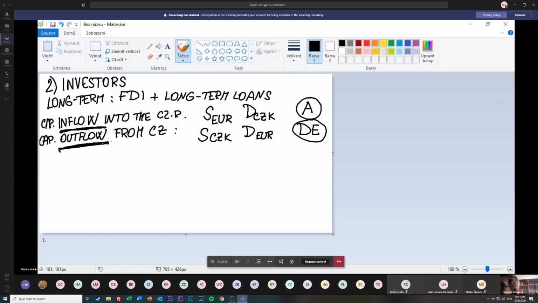So at this point, the Czech currency will nominally depreciate. You can see it, it's always in case of inflow into the economy, it's appreciation. In case of outflow, it's depreciation.